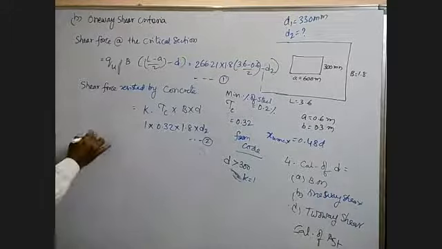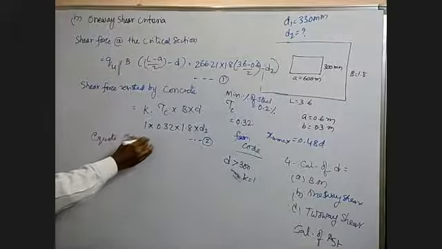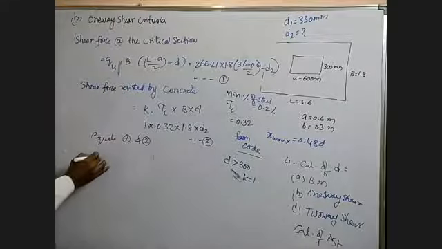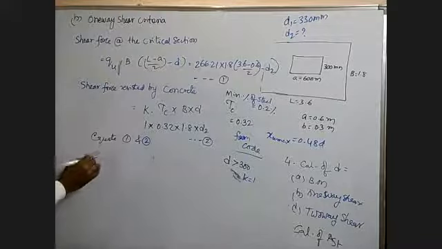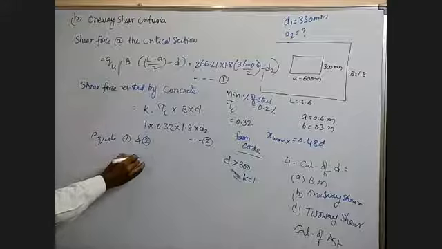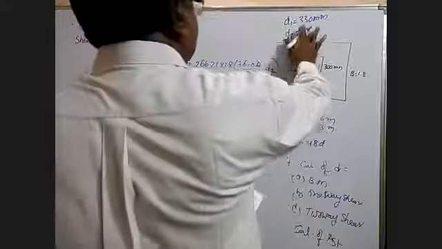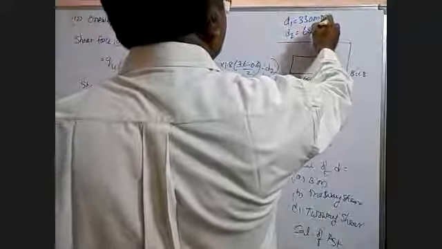Now equate 1 and 2. D is equal to 681 mm. So here D is equal to 681 mm.